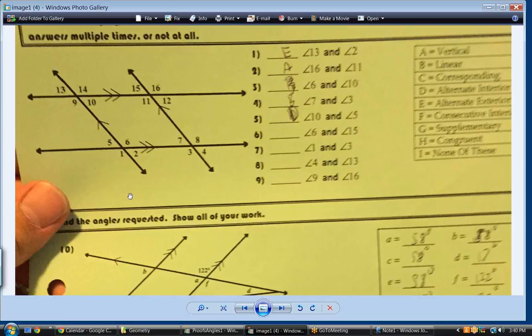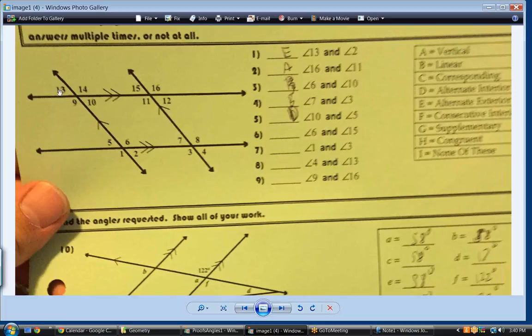I'm just like, dude, it's two sets of parallel lines. Yep, that's all that matters. However, in geometry class, they want you to be able to call them either linear, vertical, corresponding, alternate interior, alternate exterior, consecutive interior, or one of these.